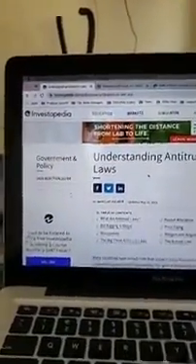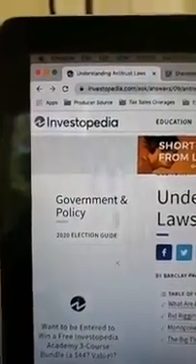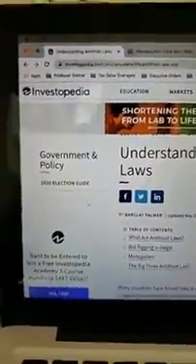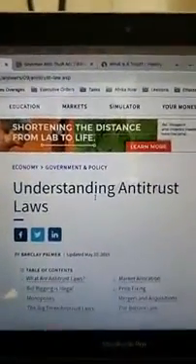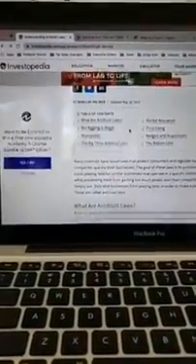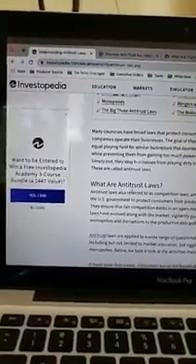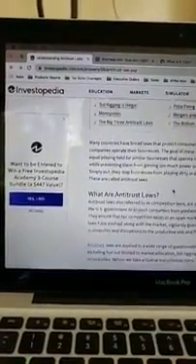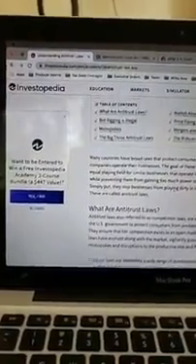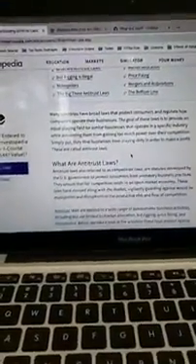What you're seeing here, you can look this up, is Investopedia, if I'm saying that right. And here is an article, Understanding Antitrust Laws, right? I'm assuming if you break that word down, it's really anti and then trust. So it has something to do with trust, which we'll be looking at in a minute. What is a trust, right, as well? Okay, here we go.